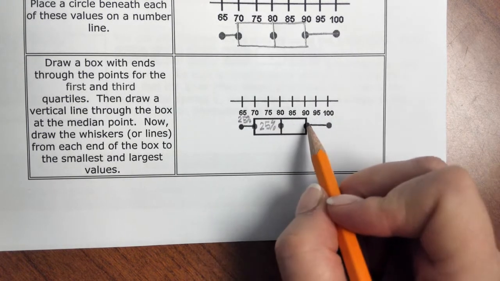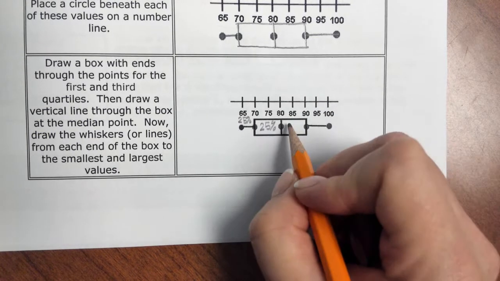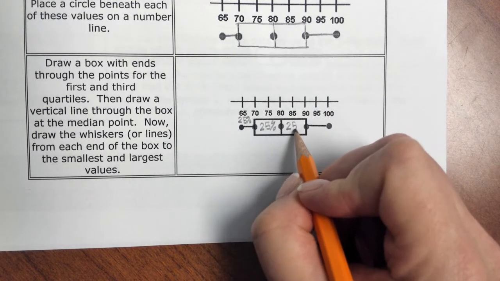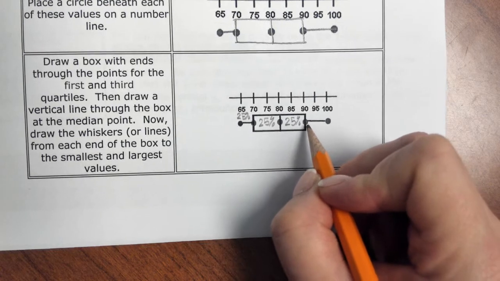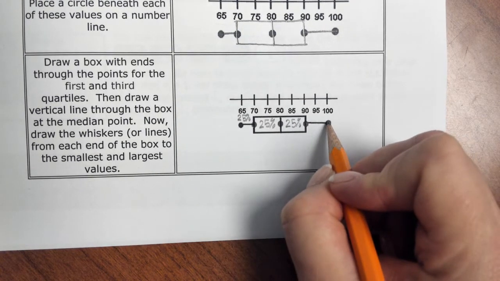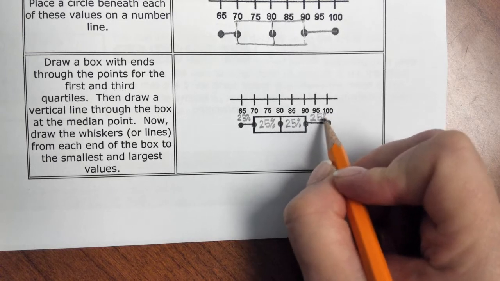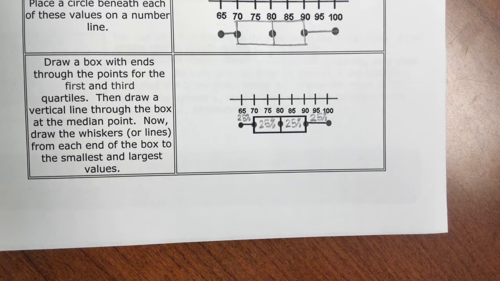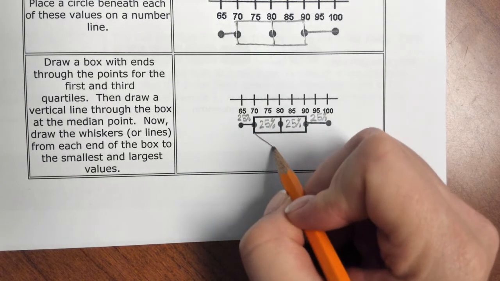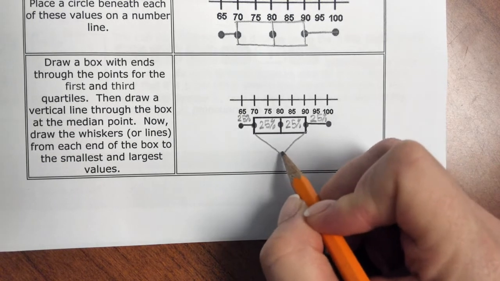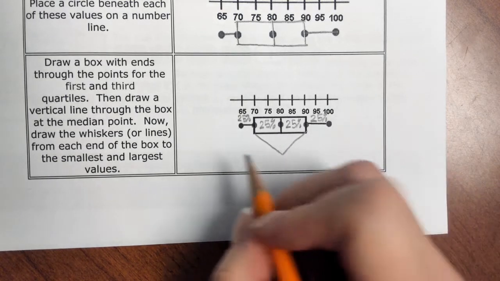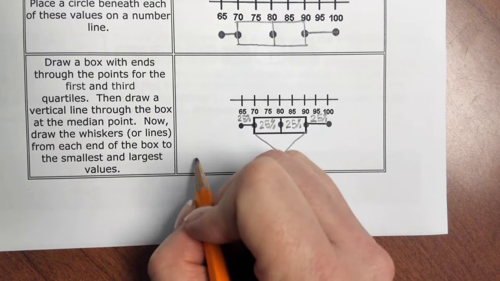From the median to quartile 3, that is another 25% of the data. And from quartile 3 to the max is another 25% of the data. This represents the middle 50% of our values. So I'm going to put middle 50% of data.